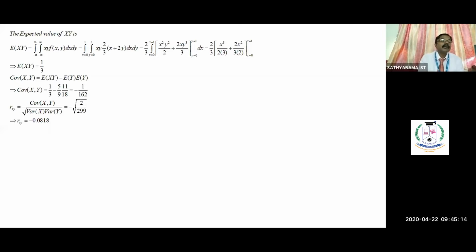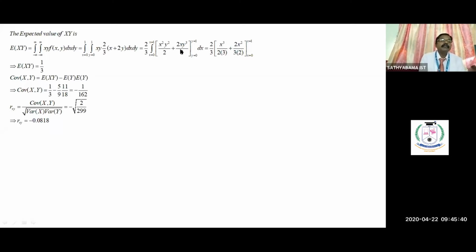2 by 3 is the constant term, you can take it outside. So when you multiply this, what will you get? x square y square. First we integrate with respect to y. So x square y becomes x square y square by 2. The next term is 2y cube by 3.